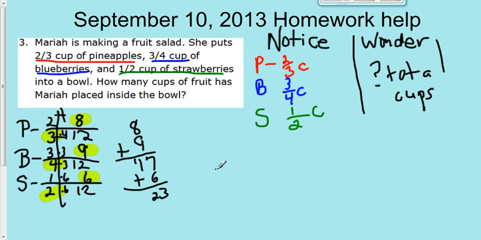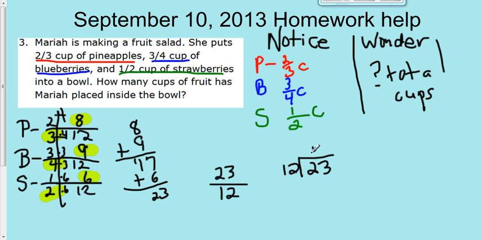So then I get an answer of 23/12. That's a little odd. When we have the bigger number on top, that's our improper fraction. So as we know, our line tells us we have to T-bow it: top number in, bottom number out. So we're going to have 23 divided by 12.